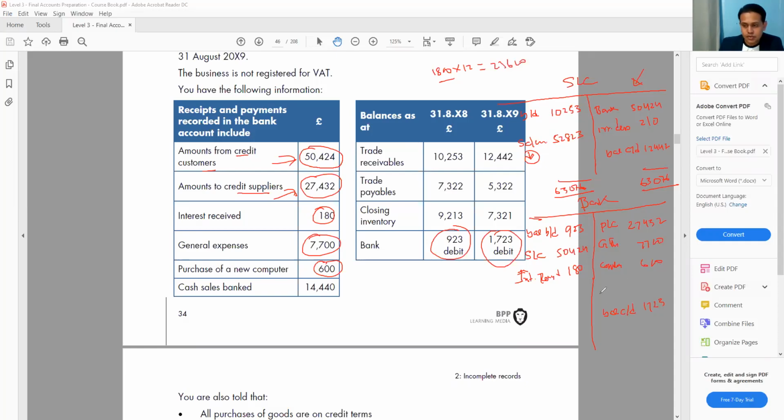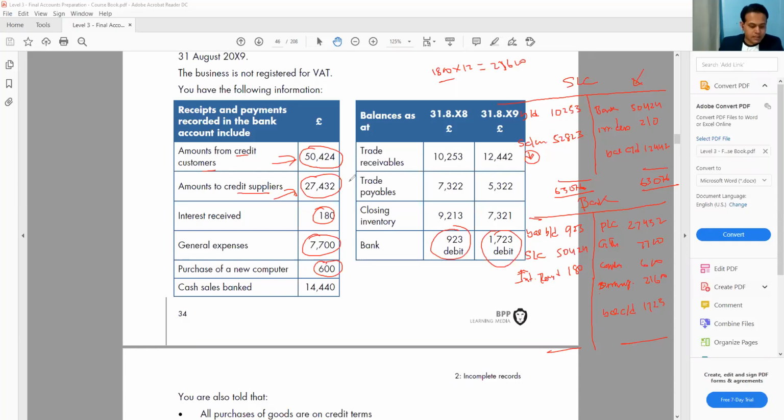So we say drawings 21,600. That's it. After that, we're going to find our balance, and make the total on the side.